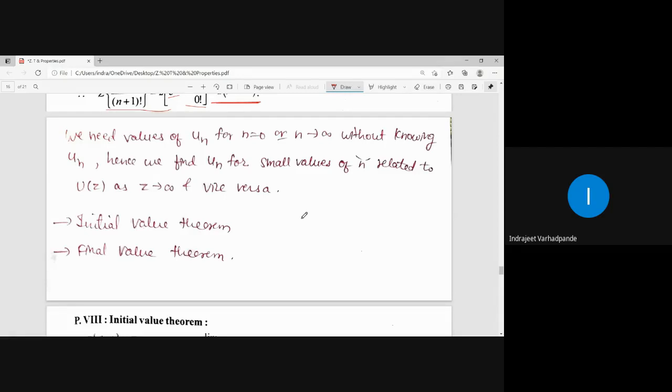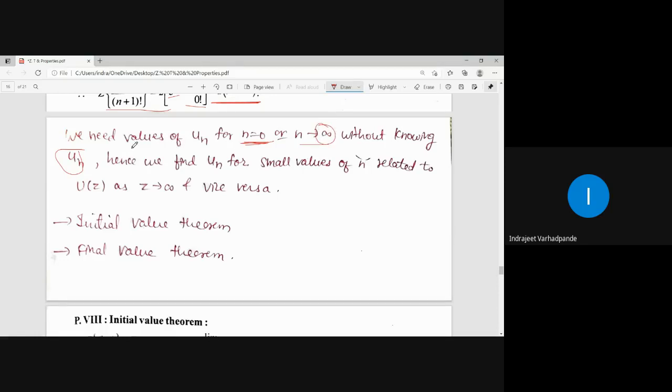See, we need the values of un for n equal to 0 and n tending to infinity without knowing un. Initial value theorem will give you the value for 0. As for the sequence, you know the initial value or the first value starts from 0. For the highest value or final value, n is tending to infinity.